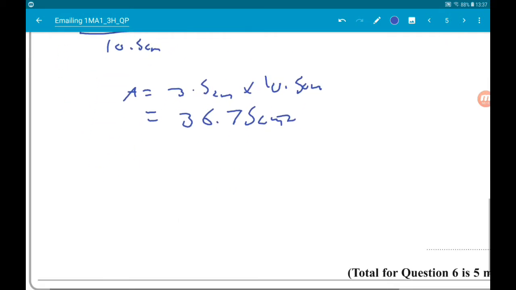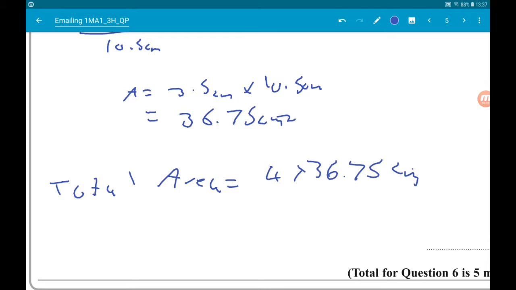So the total area then is 4 times 36.75 centimeters squared. If we multiply that by 4, we get 147. Cool.